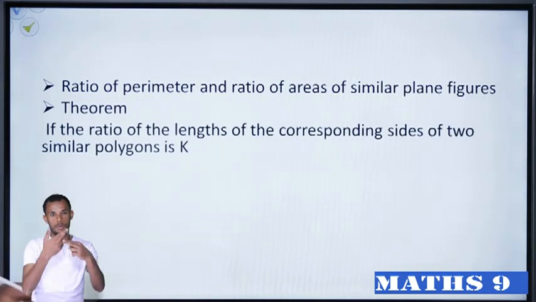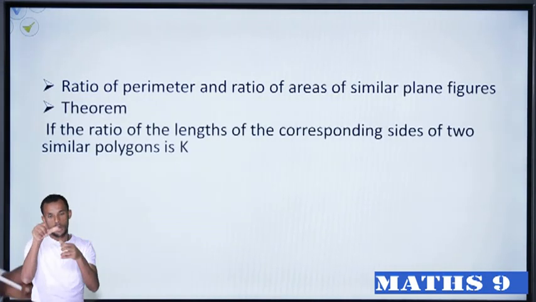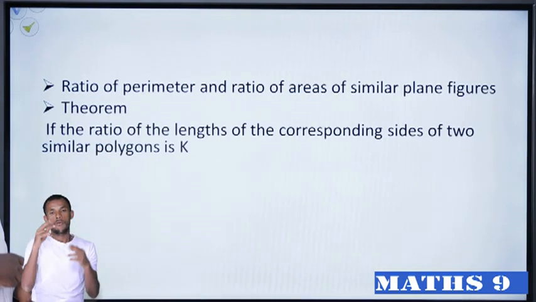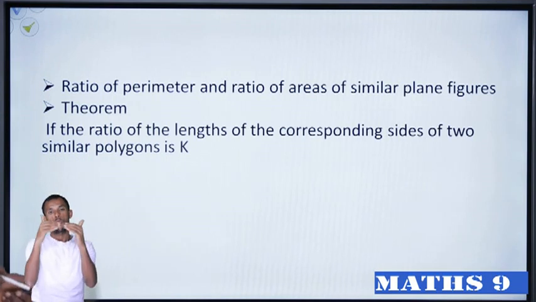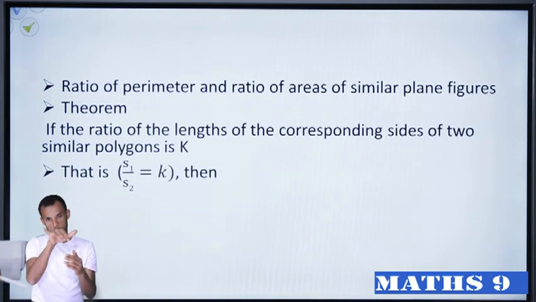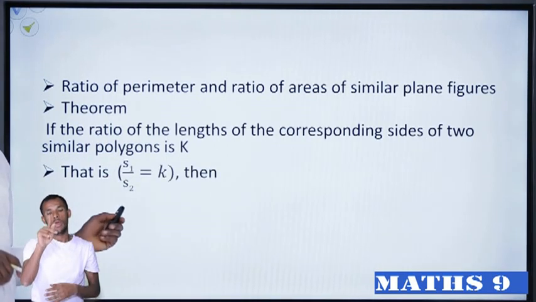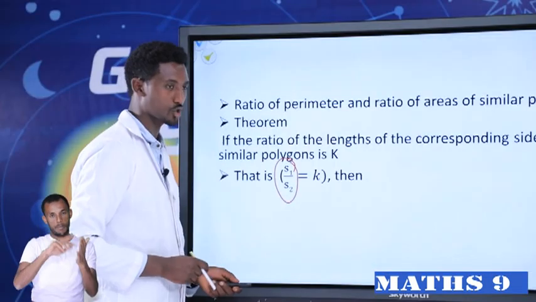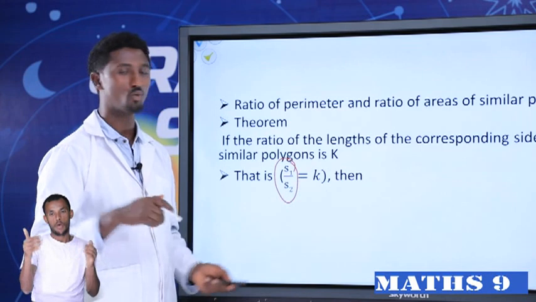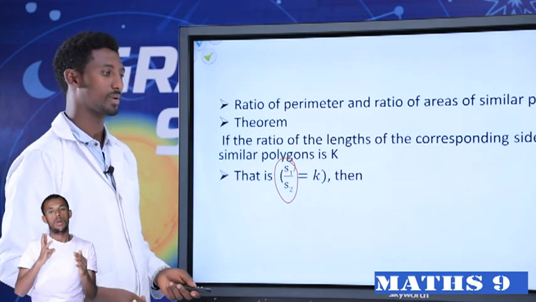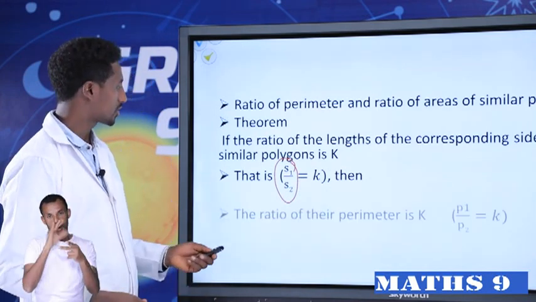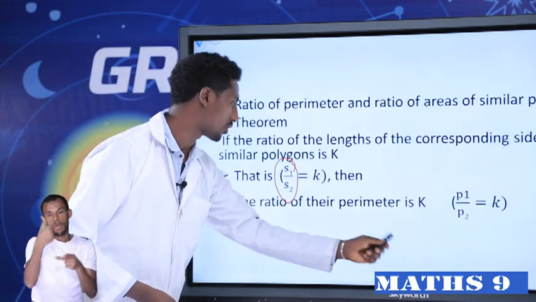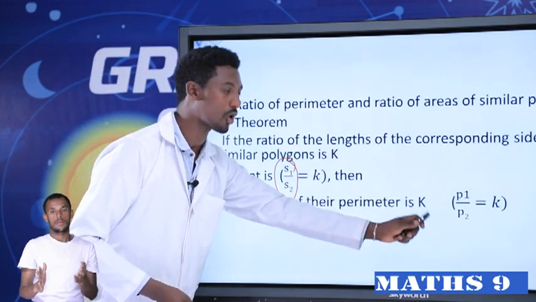Ratio of perimeter and ratio of area of similar figures. Here we have a theorem. If the ratio of the lengths of corresponding sides of two similar polygons is k, that is, if S1 over S2 equals k, then the ratio of a perimeter of any similar polygon is also k.